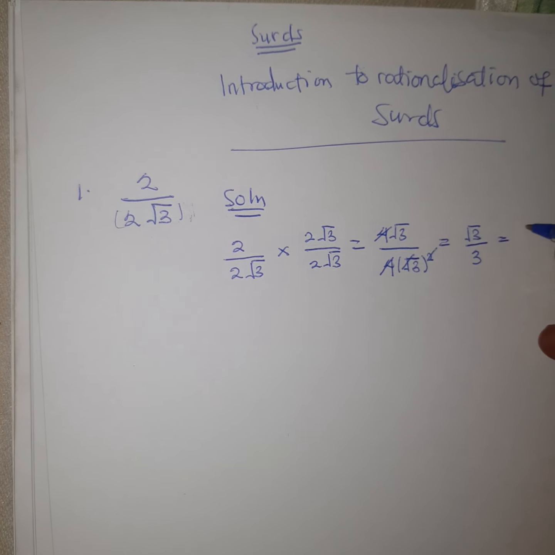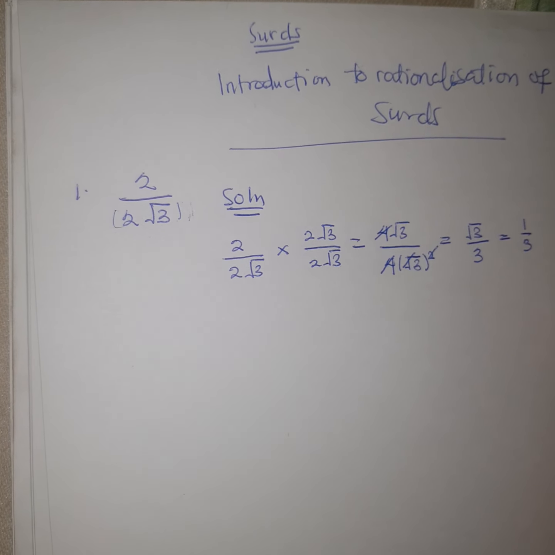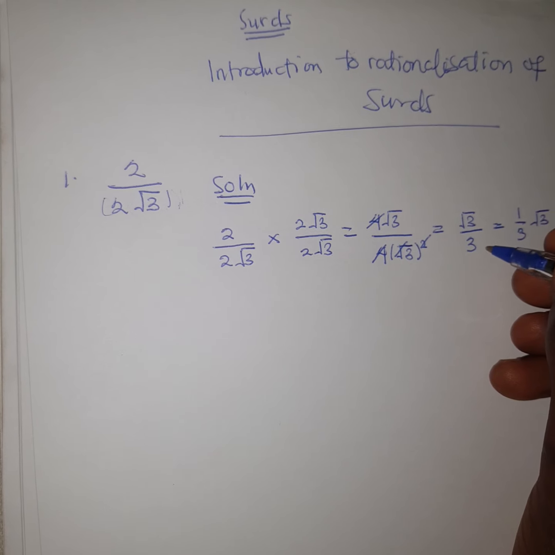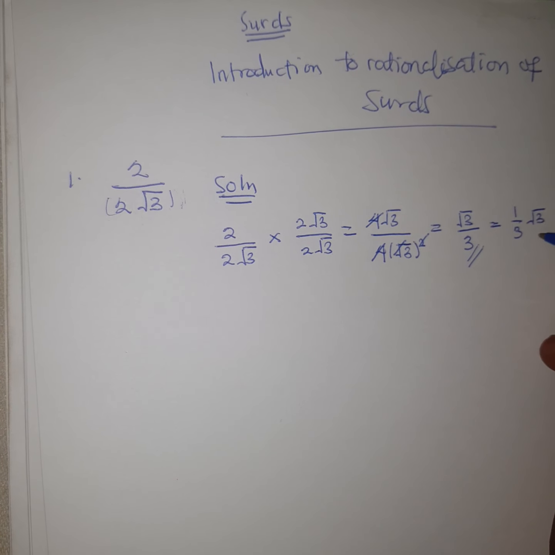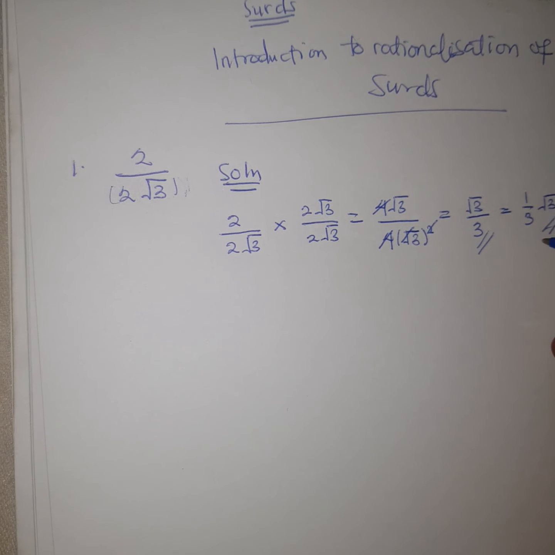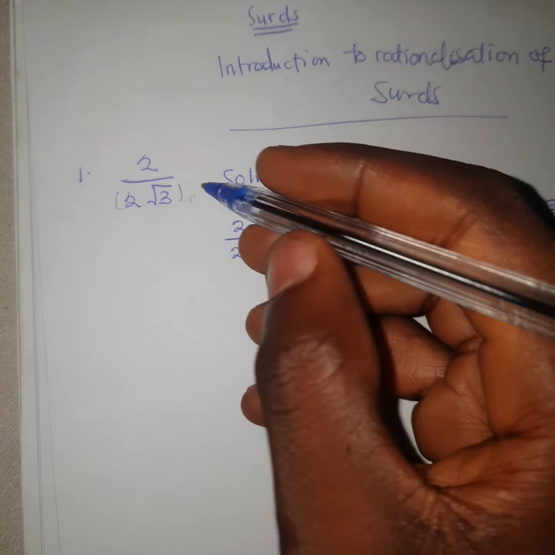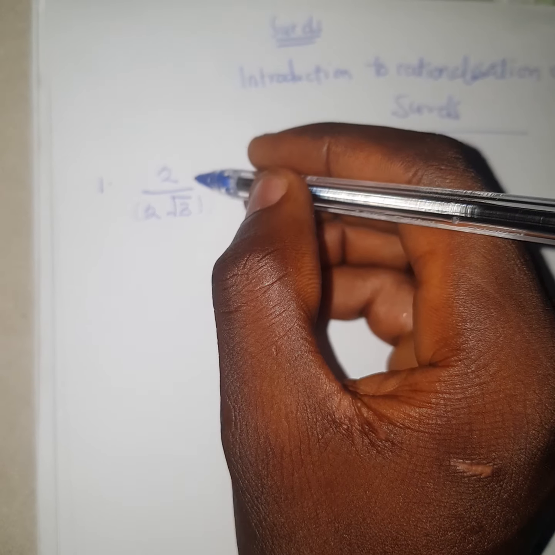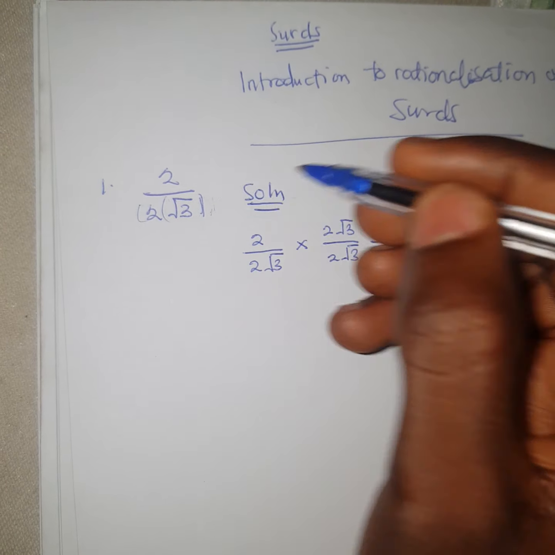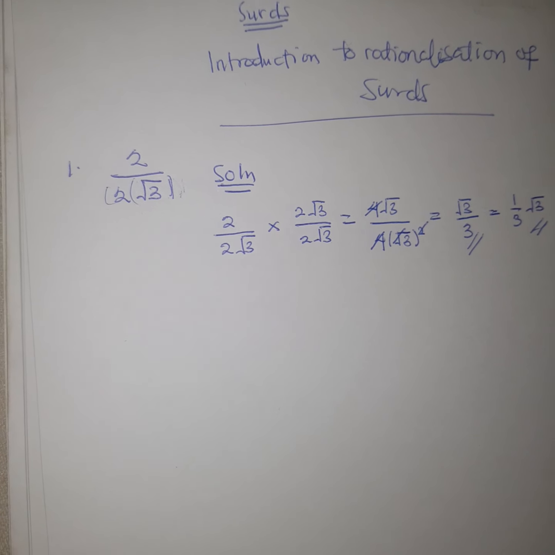This can also be written as 1 over 3 root 3. In some books they will stop here, and in some books they stop there. It's the same thing. You can also use the other method by taking only root 3 as a conjugate, and you will get the same answer.